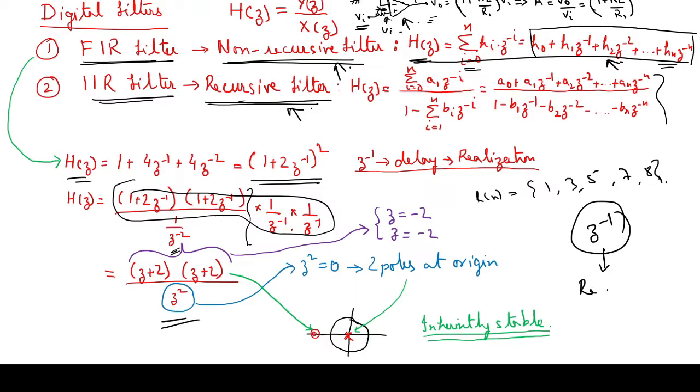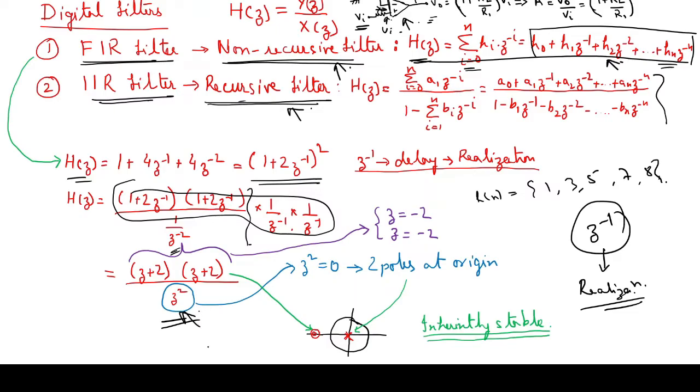I am telling you time and again, that equation is suitable for the realization of the filter. However, for finding out the poles and the zeros, you have to convert the equation to these z terms.